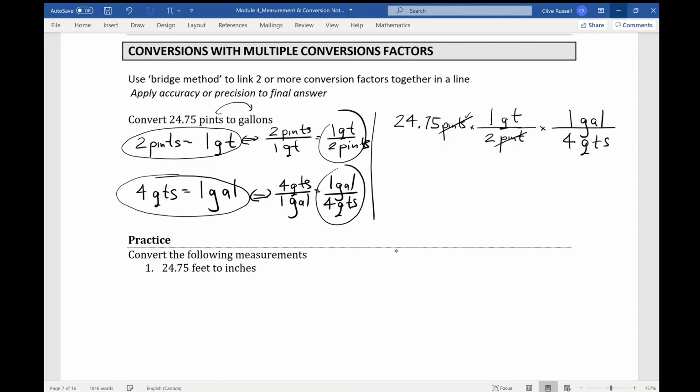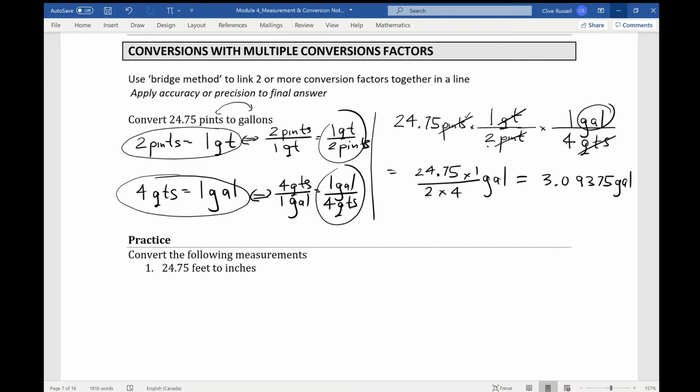So now the quarts will go, and we're just left with 24.75 times 1, which is just 1, and you're dividing by the 2 times 4, and we're just left with gallons. Now, if you plug that in your calculator, you should get 3.09375 gallons, in fact, US gallons.